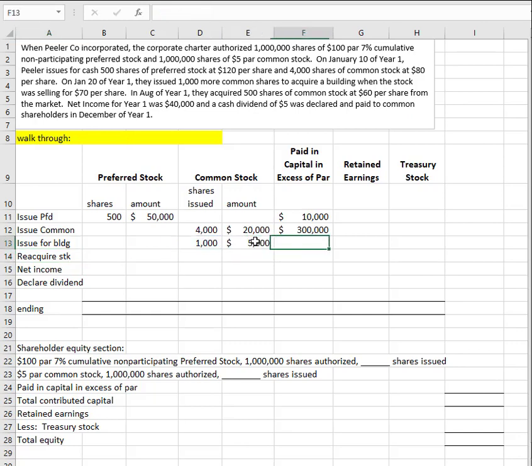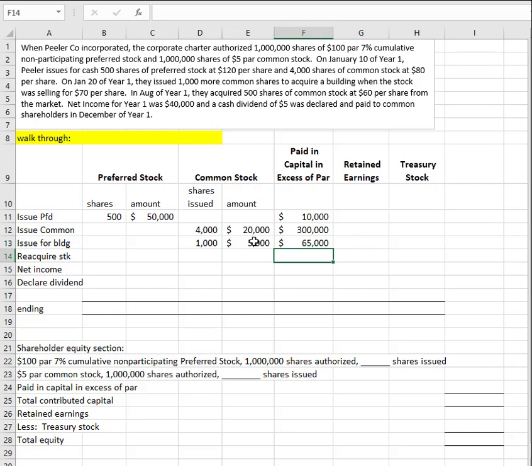So we have to put par times that 1,000, and then the amount above par goes here. If it was issued when it was valued at 70, $5 of that goes in par, and the other 65, the amount above $5, goes in paid-in capital in excess of par. So just because you got land or building or something other than cash, you value it. This is the asset you got in exchange, and that's considered contributed capital.